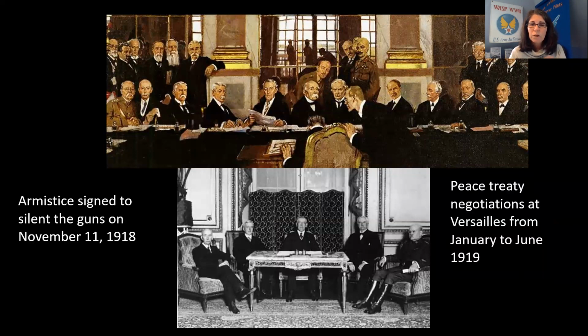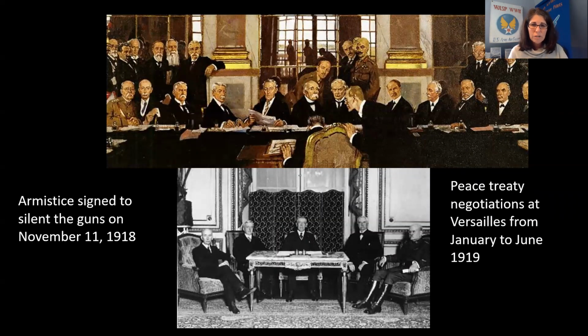Sometimes you see people wearing poppies, and that's part of that. Many Veterans Day events occur at 11 a.m., because that's when the guns stopped firing, at 11 a.m. on the 11th day of the 11th month of 1918. So that's partly why we celebrate that.